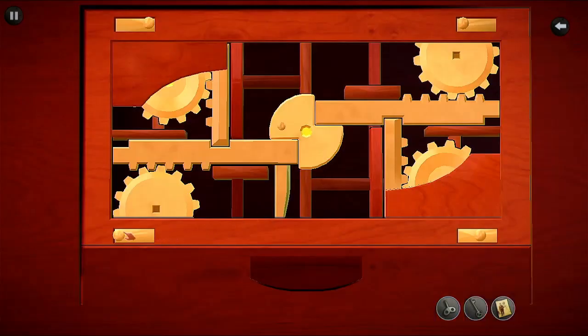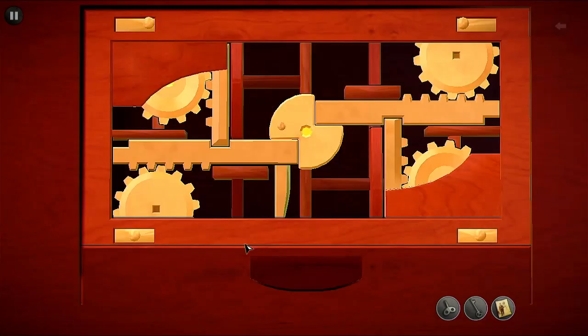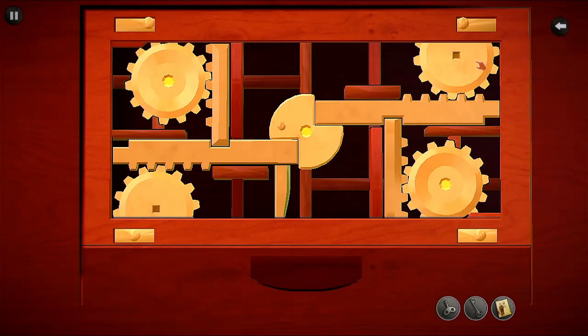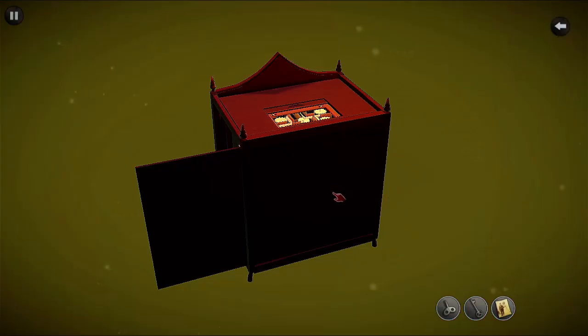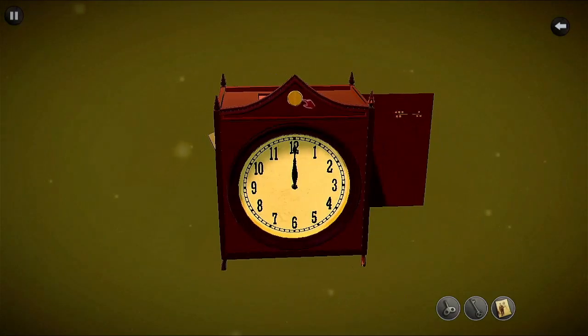So this one was 2, so that would be middle. And then this one would be the middle as well. Oh, right. Okay, I get it. I don't think there's anything we could do now. Let's have a look at the rest of the clock. See if there's anything we can do with this yet.